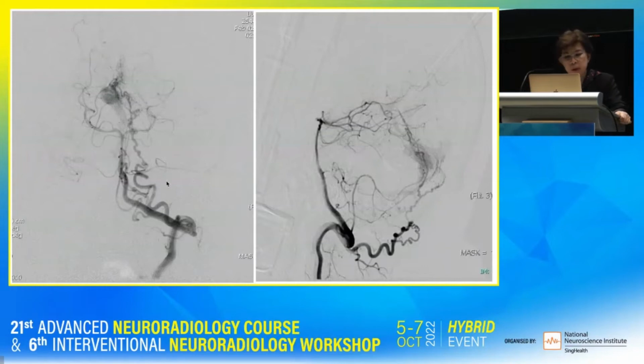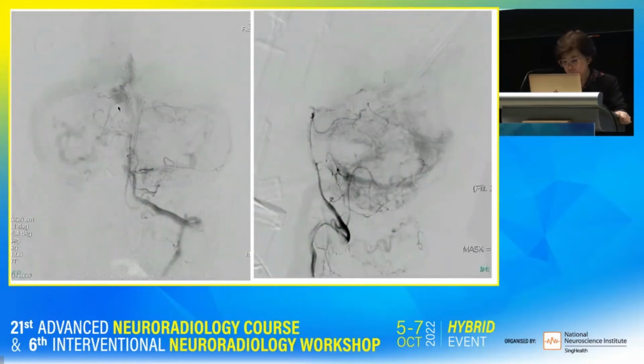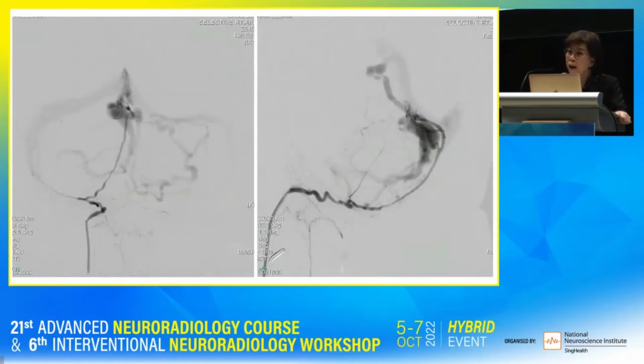Okay, from this one, the artery of Falx cerebelli goes there, with venous congestion. And interestingly, this is another branch, right? The artery of Falx cerebelli, quite large and direct to here, okay?